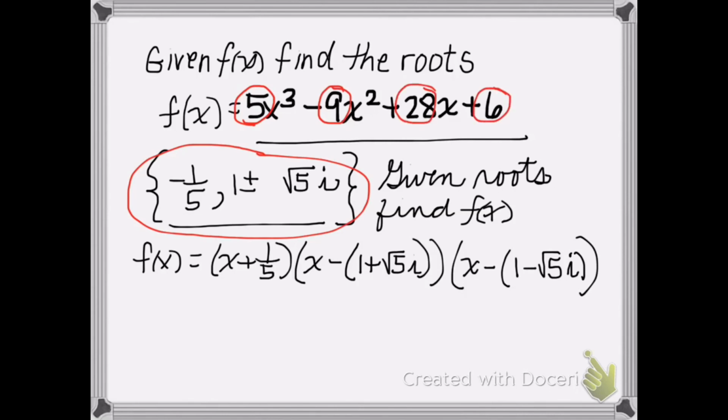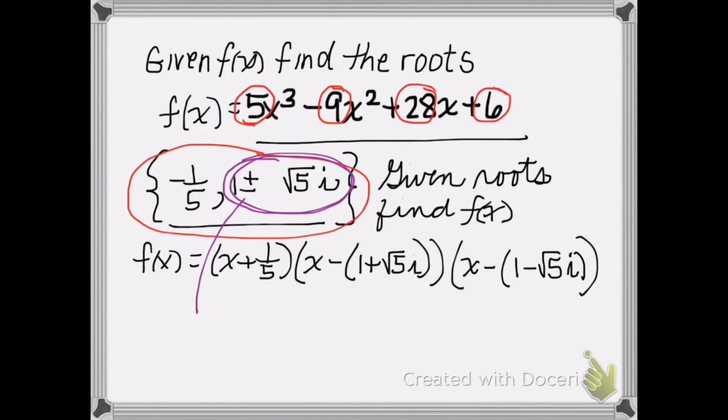I mean, our coefficients are probably always going to be all integers. But even if they're not integers, if they're real, so I could have a radical coefficient here. But if these are all real, then these roots here, if I have imaginary roots, I will always have conjugate imaginary roots.